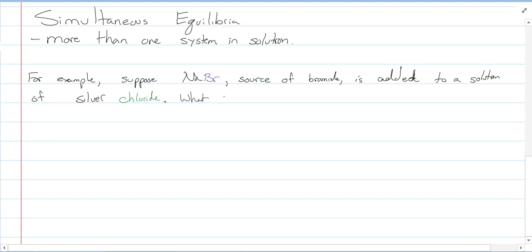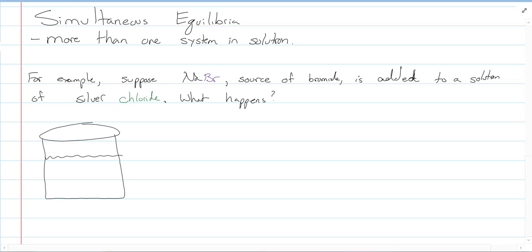What happens? Okay, so I have AgCl in here, and it has a KSP of 1.8 times 10 to the minus 10.